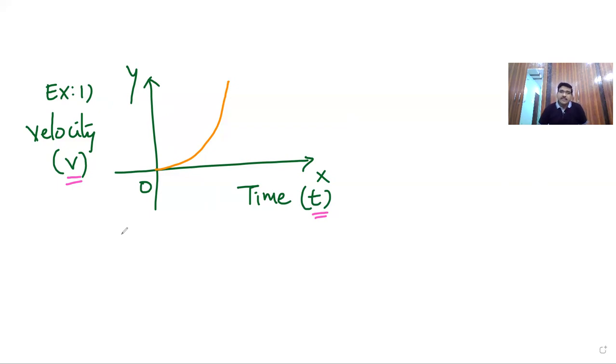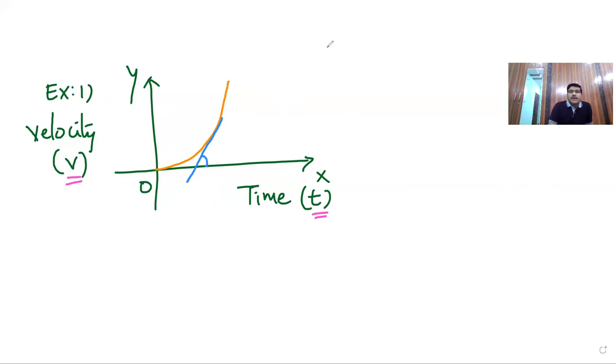Just now we have seen that the slope of the Vt graph gives acceleration. That means the slope of this curve gives the acceleration. Let me draw the slope line. Suppose I draw a tangent here, this is the slope.